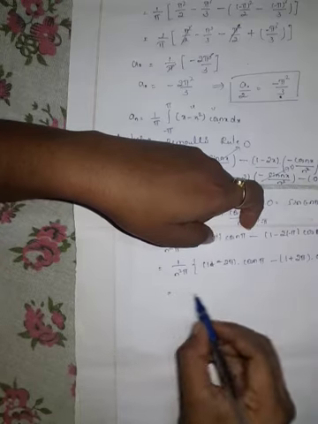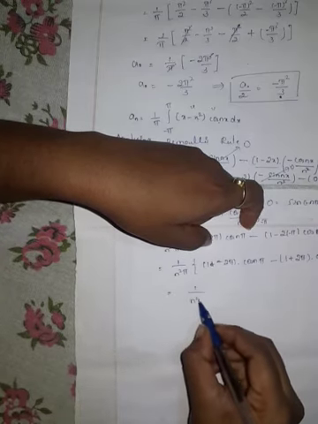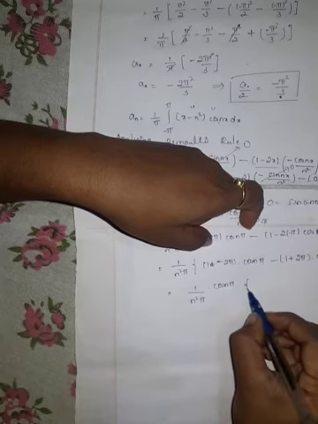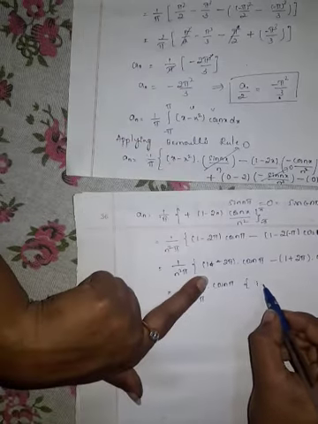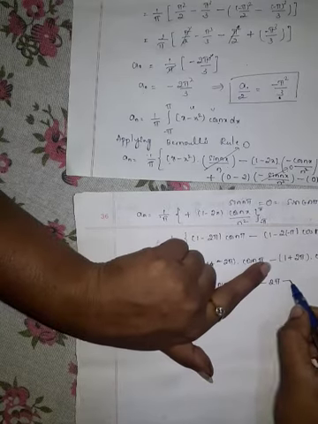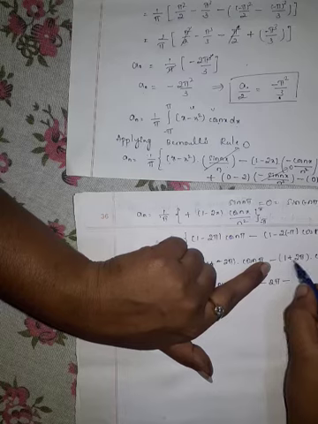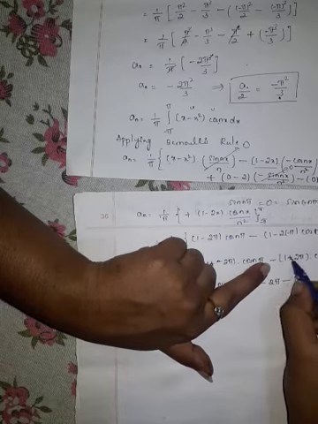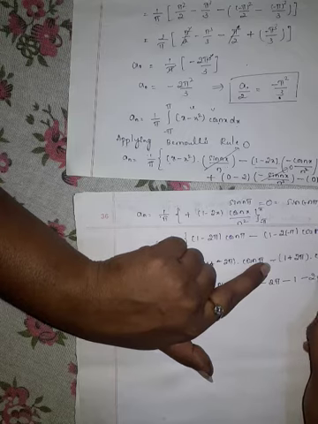So this is 1 divided by n square pi into cos n pi. We are left here with 1 minus 2 pi minus, take this minus sign inside the bracket. So it is minus 1, minus of plus is minus 2 pi.